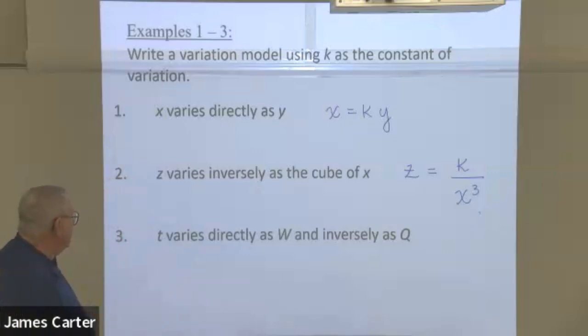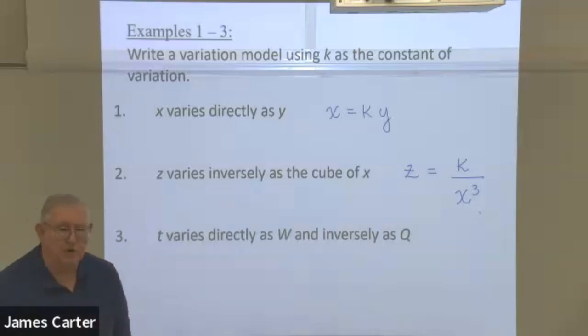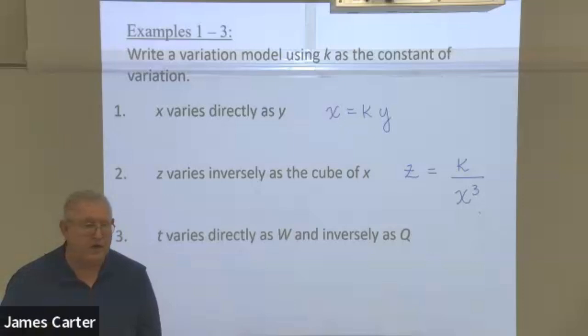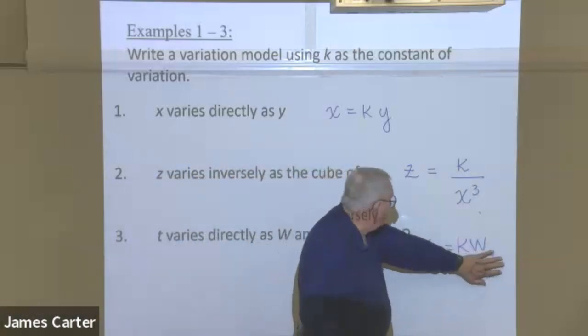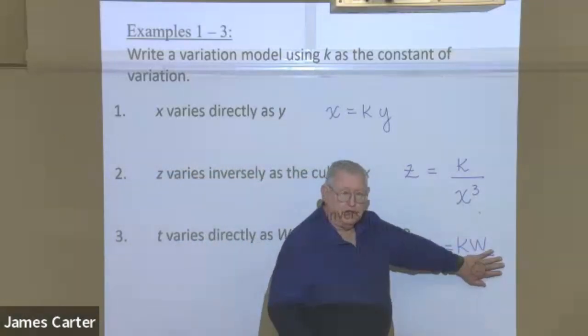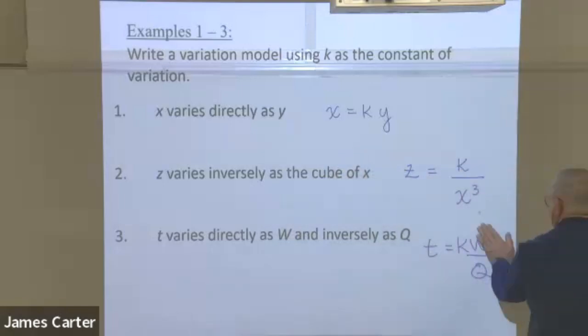T varies directly as W and inversely as Q. Now, this one has both direct and inverse variation in the same problem. This one looks like this. The KW is the direct part of it. The K over Q is the inverse part of it.